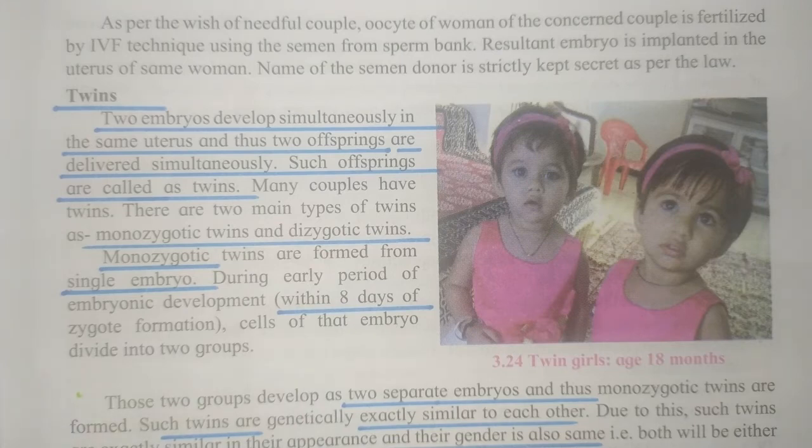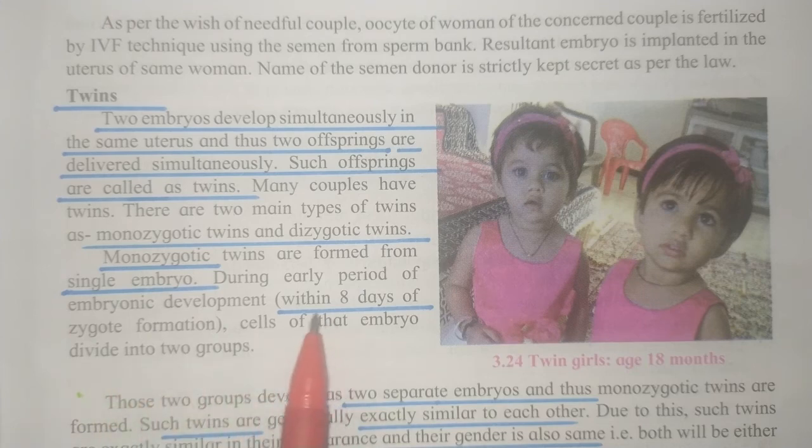Now let us see monozygotic twins. Monozygotic twins are formed from a single embryo. Remember, these monozygotic twins are formed from a single embryo during early period. That means within 8 days of zygote formation, cells of that embryo divide into two groups.